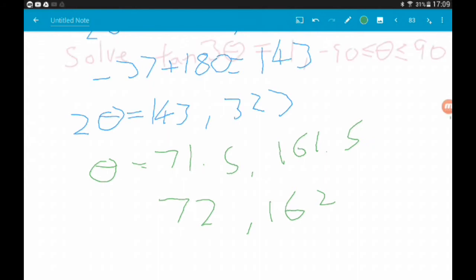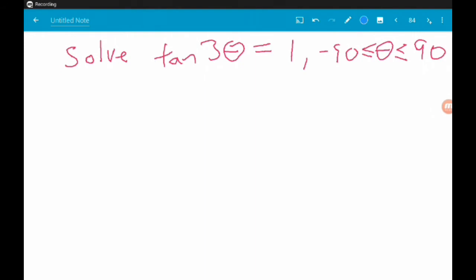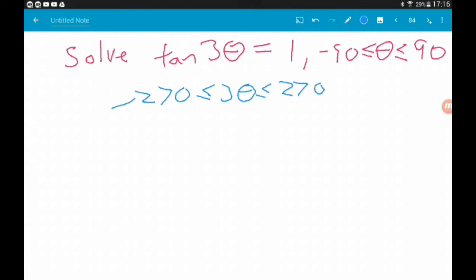Good times. Okay, second example. We want to solve tan of 3 theta equals 1 for theta between minus 90 and positive 90. We don't need to rearrange the equation, so the first thing we want to do is change the interval. We've got 3 theta, so we need to multiply the interval by 3. We would get minus 270 is less than or equal to 3 theta is less than or equal to positive 270.